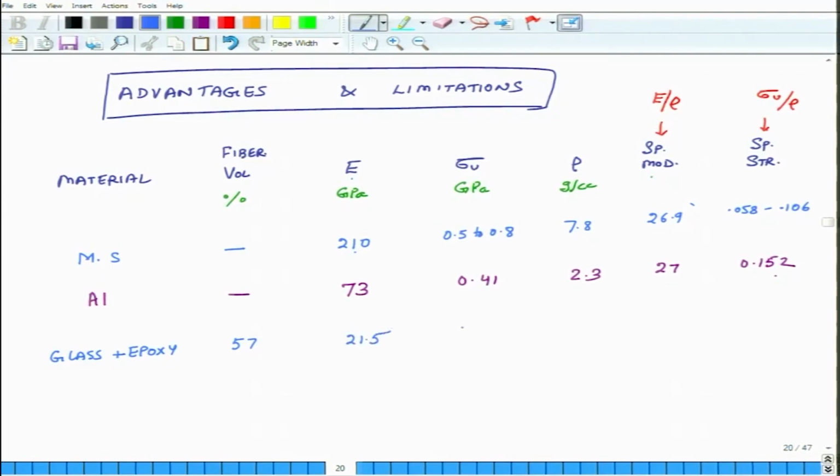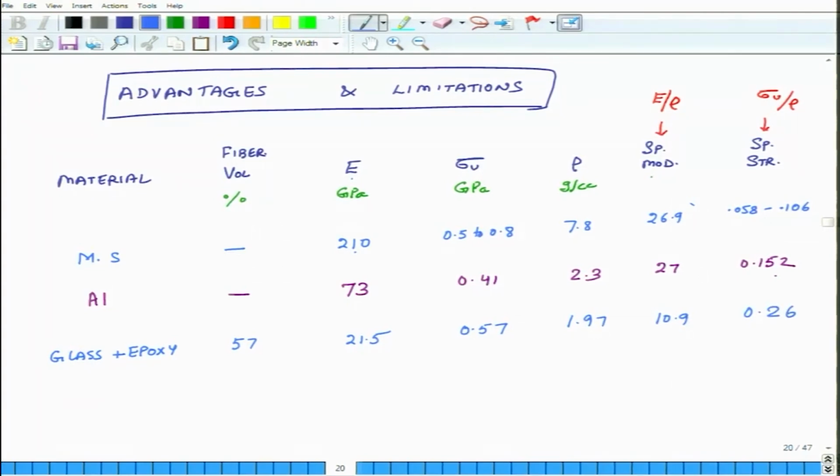Its strength is 0.57. Its density is even lesser than that of aluminum. So, it is 1.97, slightly less, not a whole lot. Its specific modulus is 10.9 and its specific strength is 0.26.